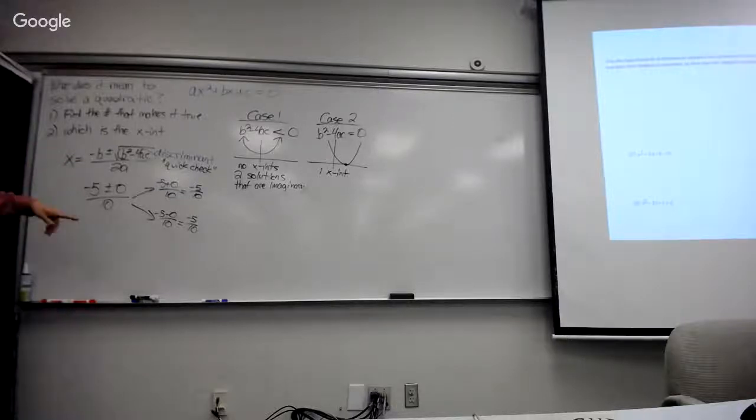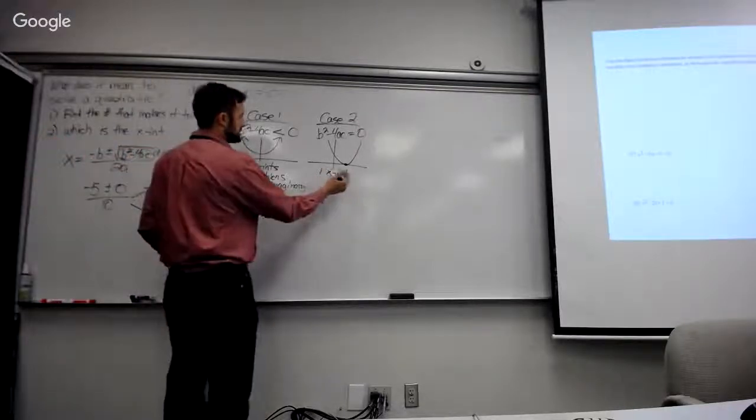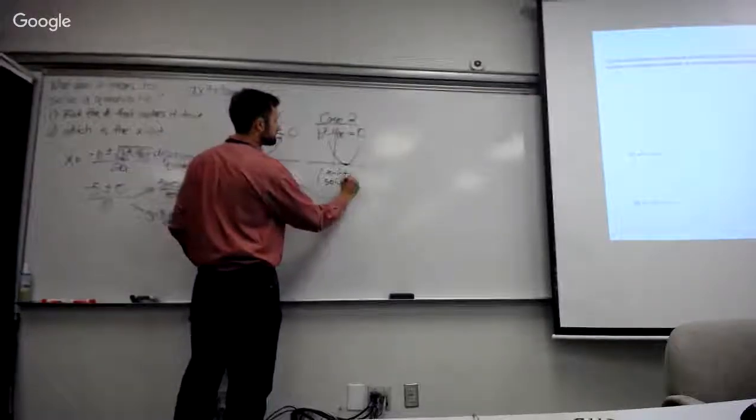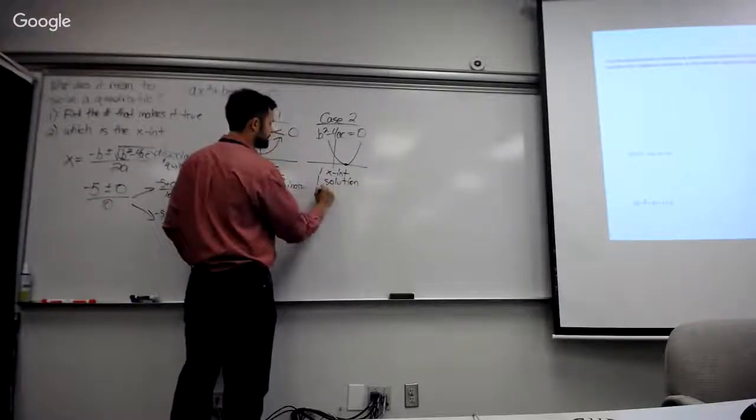More importantly, because the square root part went away, we're left with just a number divided by a number, which means the answer will be rational. There's no square roots involved in this number. It's just -b over 2a. That's just a pure fraction. So that means it's one x-intercept. That means there's one solution that is rational.